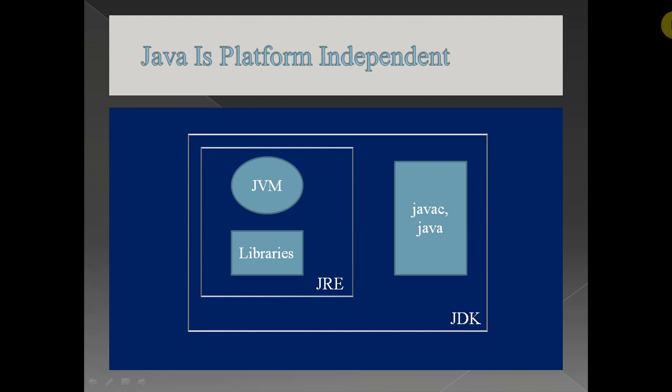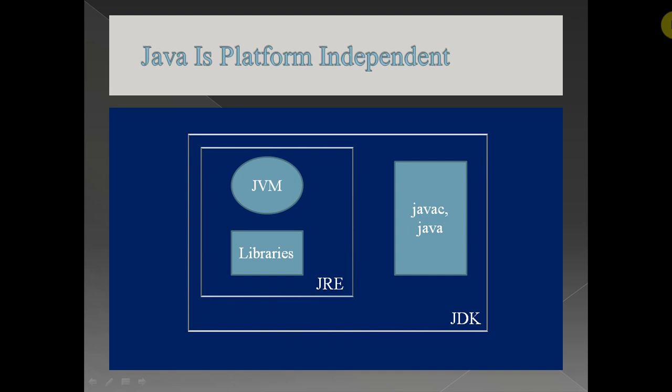Why is it so? Because Java is an interpreted language. Interpreted in the sense that the Java compiler first compiles the program, and after compilation it converts the Java program, which is written in a high level language, into some intermediate language known as bytecode.